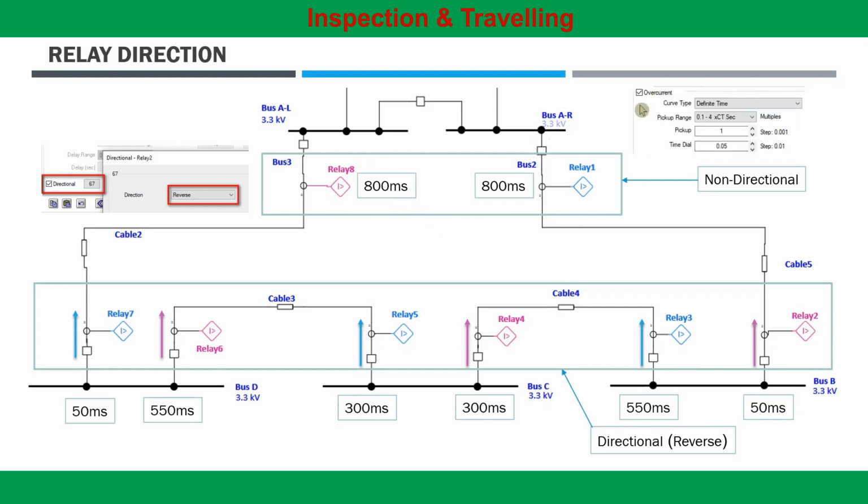In ETAP, you can set these relays considering the definite time characteristics and time dial according to the relay operation. For now, I have considered a pickup of 1 which is equivalent to the CT ratio. In a real case, the pickup can be varied depending on the full load current flowing through the CTs.